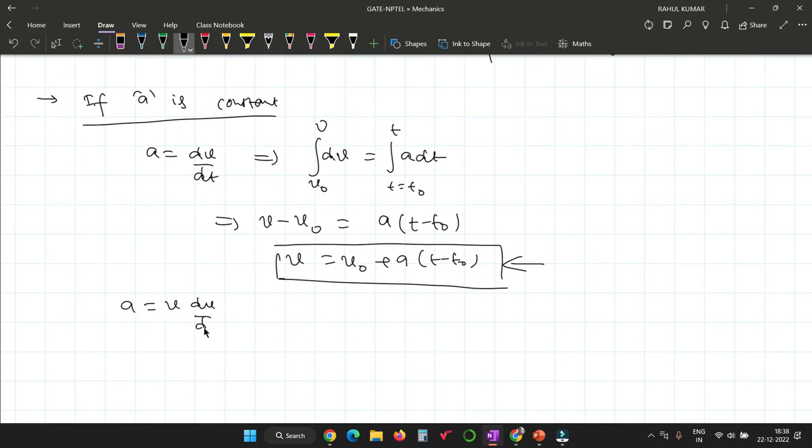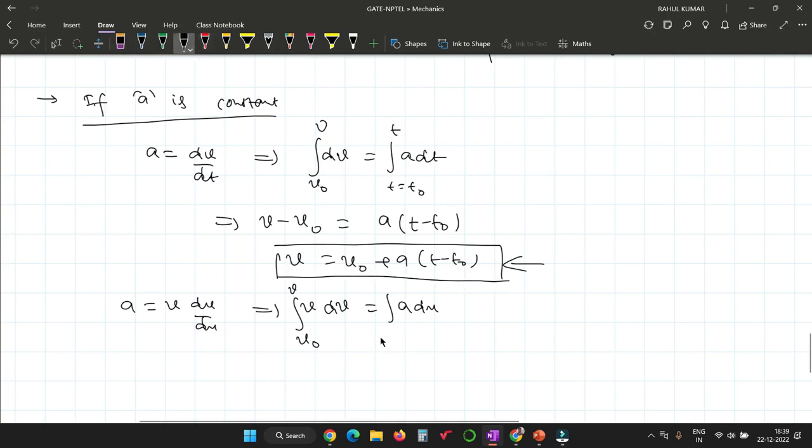v dv by dx equals a. Now cross multiply with dx, you will get v dv equal to a dx. Now integrate this from v naught to v and x naught to x.